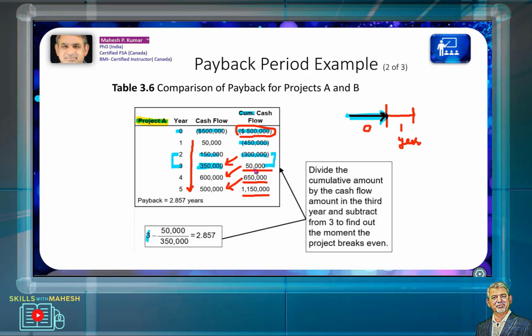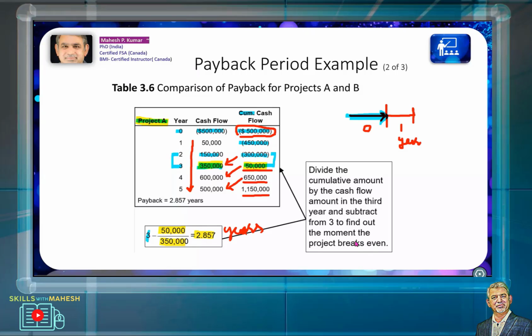Then you divide these numbers: this green number, 50,000, divided by the revenue of 350,000, and you subtract that, and then you get the payback period, which is 2.857 years. So this is the payback period for this project.